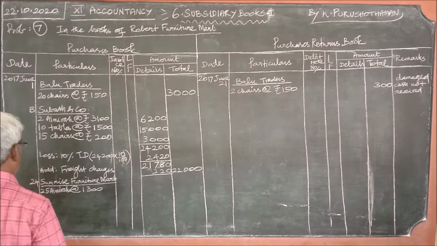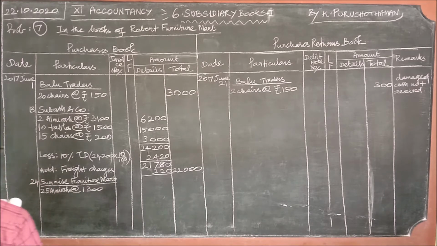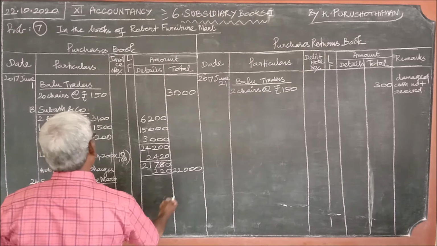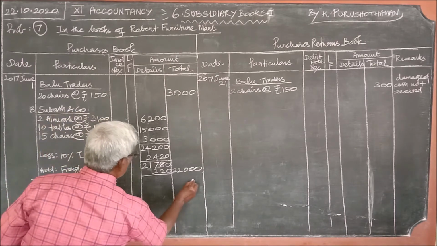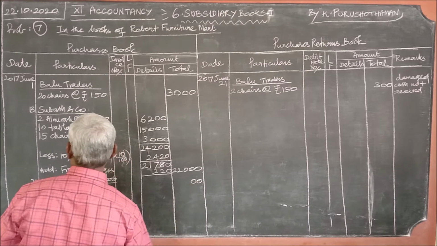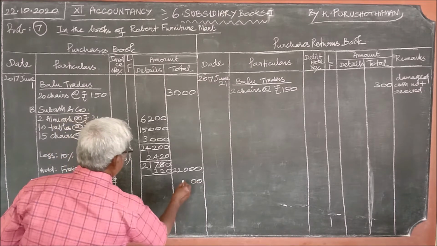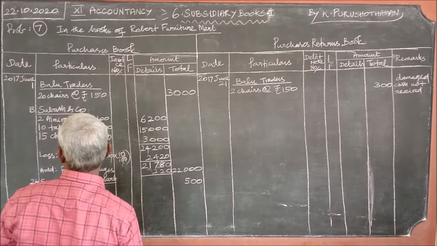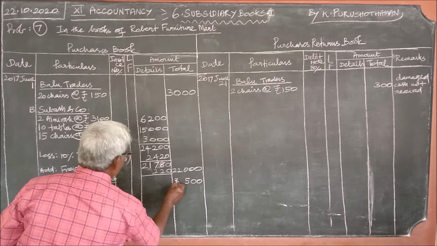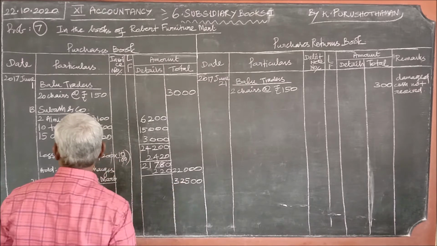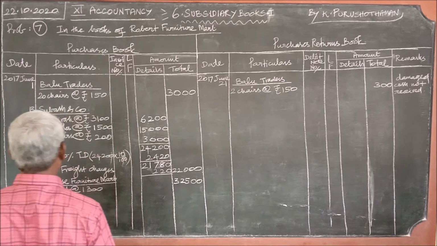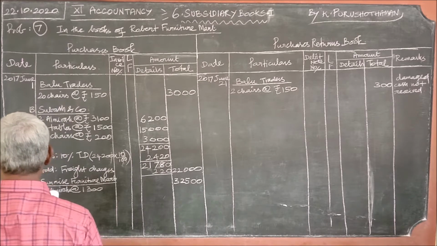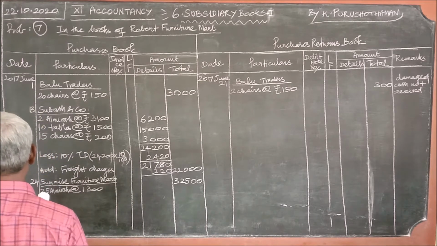So 25 into 1,300. Only one item. It can be written straight away in the total column. 0, 0. Then 325 is 75. Remainder 7. 125, 25, 25 plus 7, 32. 32,500.